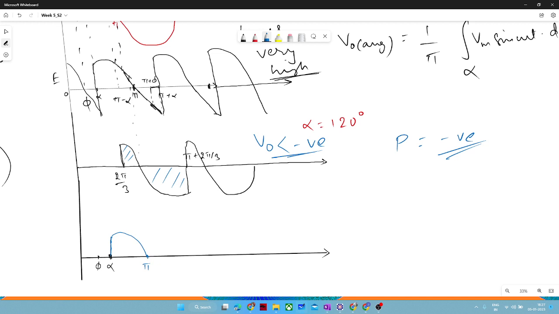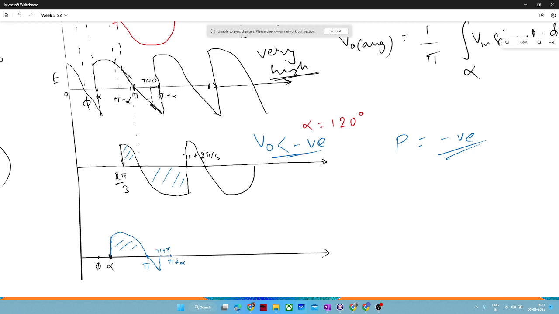After that, for a certain period, the inductor will dissipate the energy it stored, and since your inductance value is less, it will stop conducting at pi plus gamma. Now pi plus alpha is a bit higher than pi plus gamma, so it will not conduct for this period.